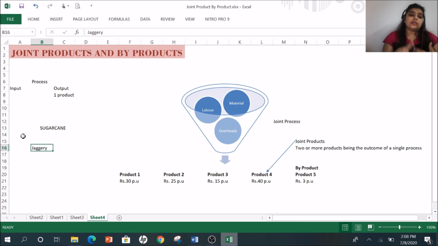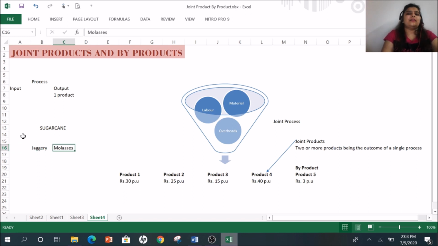Now in the process of processing the sugarcane and in the process of getting jaggery, there is one more outcome, that is molasses. These molasses also have a ready market. These can be sold in the market, but are you processing the sugarcane to get molasses? No. You are processing the sugarcane to get jaggery.